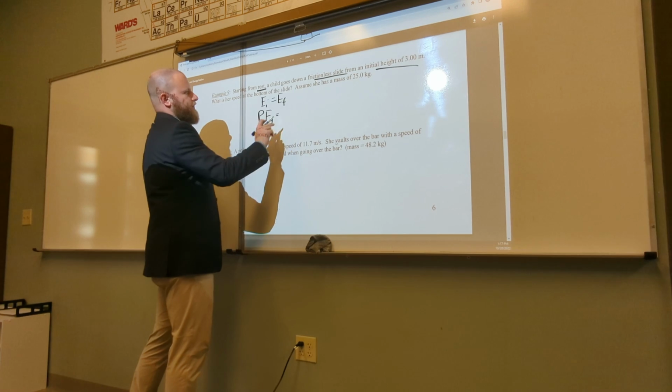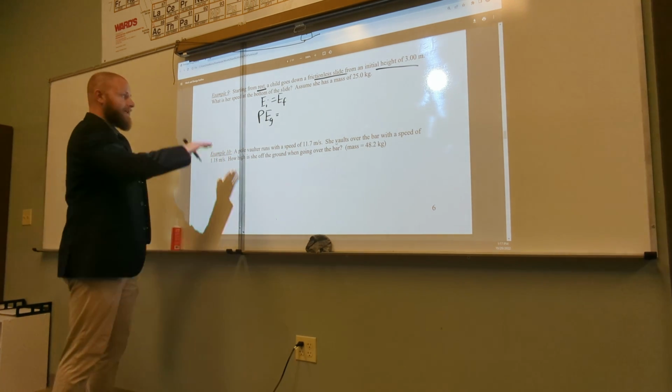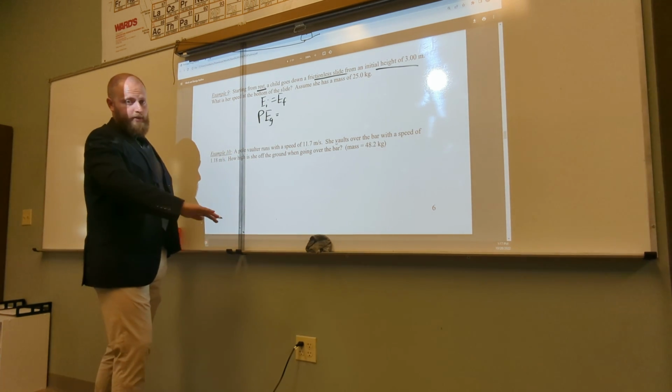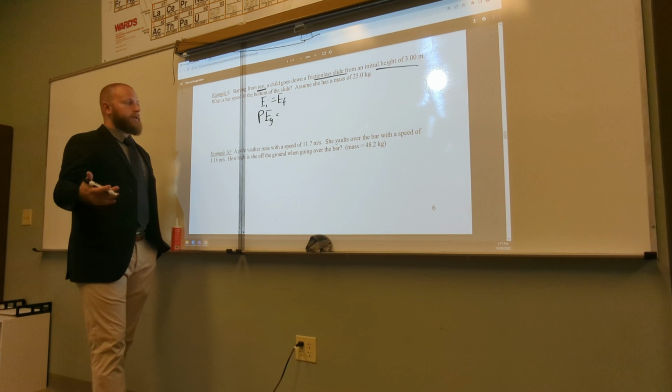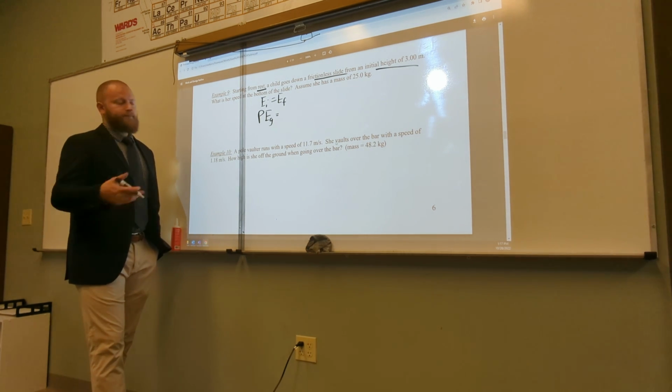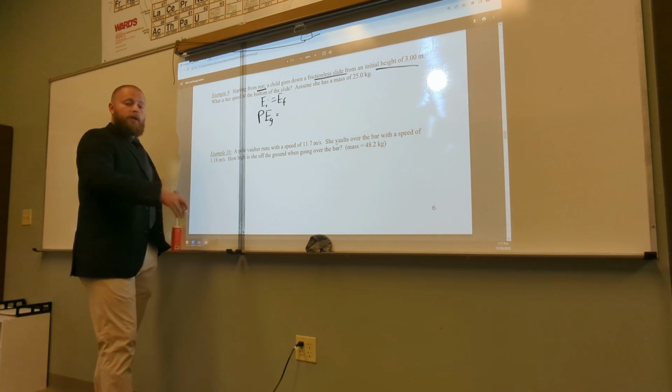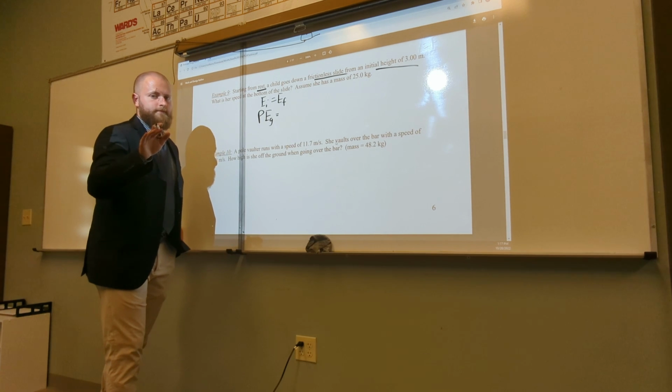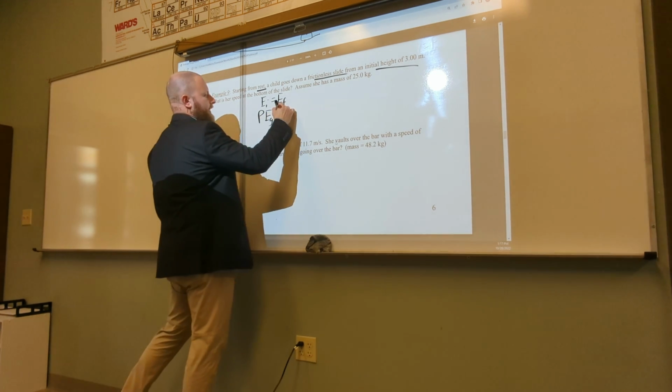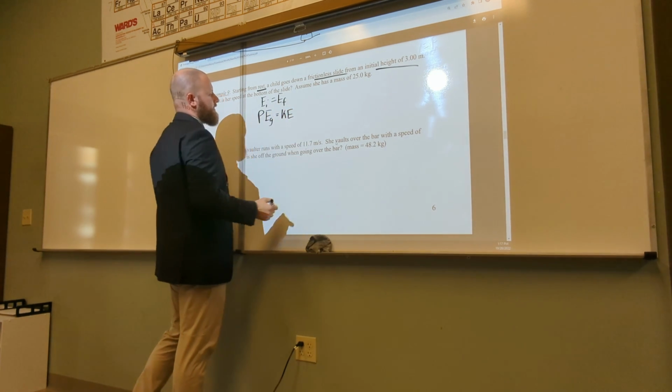Now, at the end, she's at the bottom of the slide, so she's at her lowest point. So does she have any potential energy left? No. But is she moving? Yes, she is moving, so I will have KE at the end here.